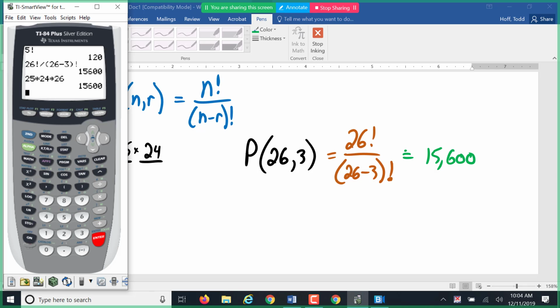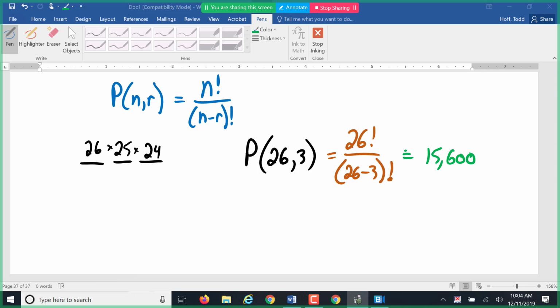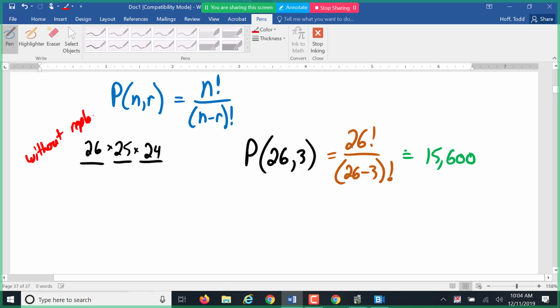You can see if we'd multiplied them out, we'd come up with the same thing. What if we did allow the numbers to be repeated? So this was without replacement. What if we allowed with replacement?